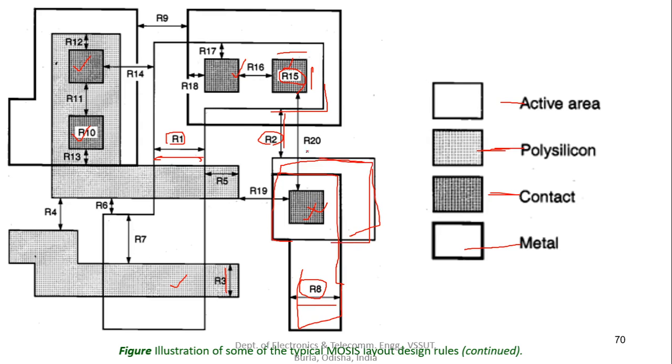And this R15 contact is within this active area. So this contact is present in a different active region, and this contact is present in a different active region. So what should be the minimum distance between these two types of contacts? R20 should be at least 6 lambda.